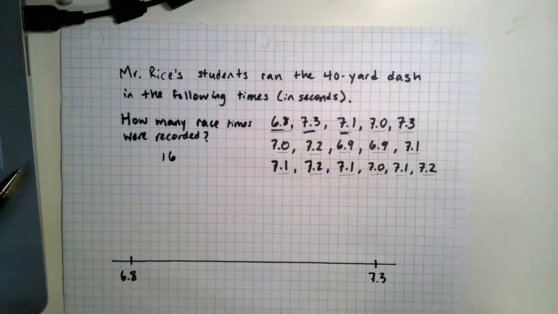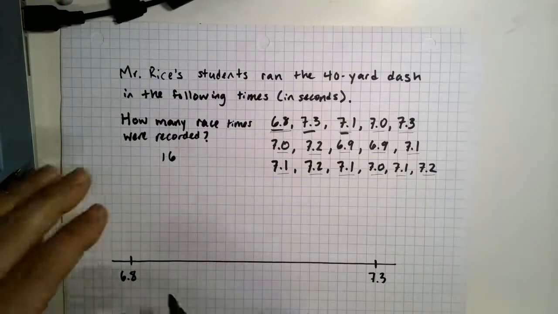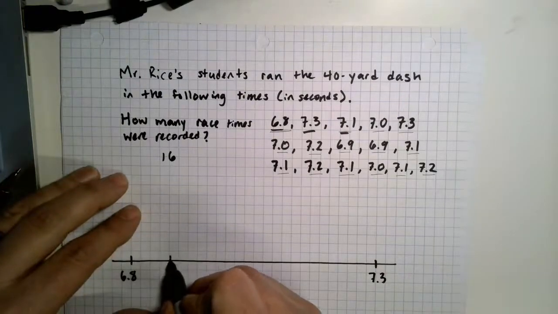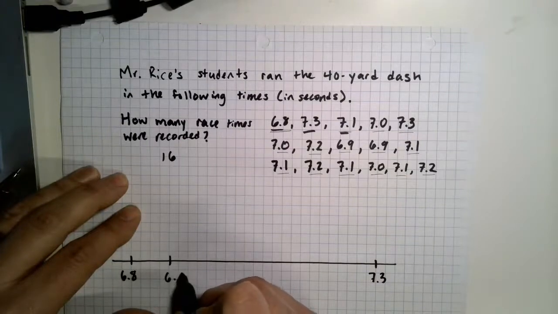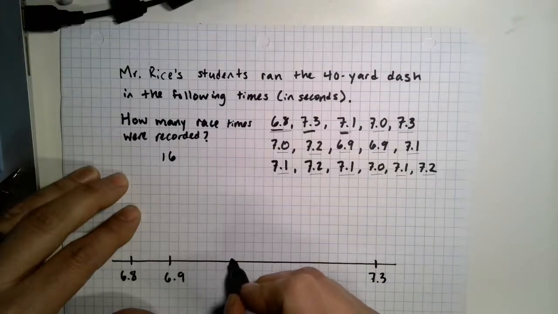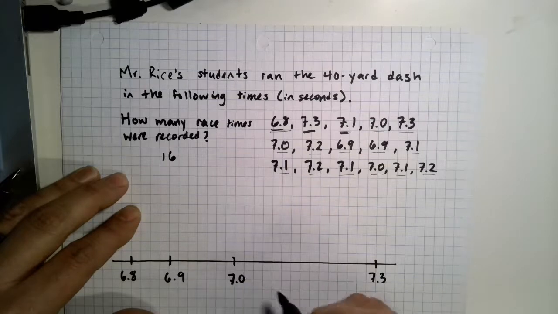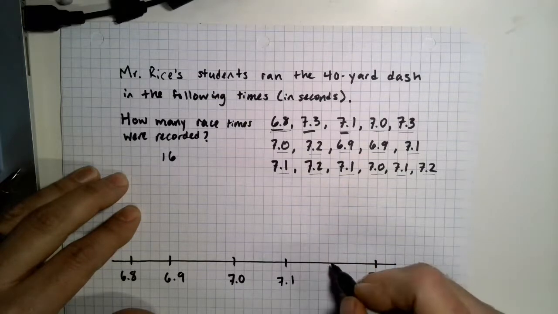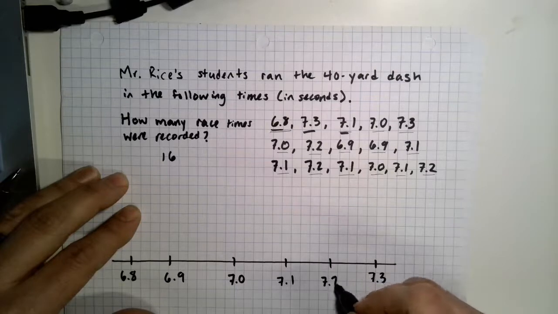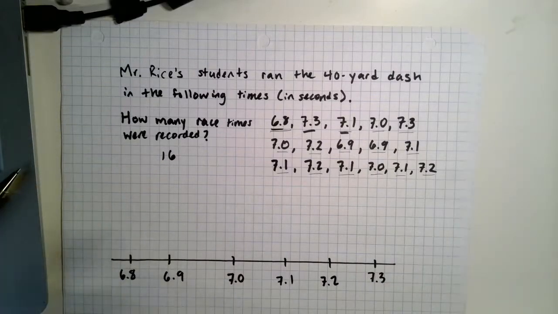And then from 6.8 to 7.3, I'm just going to go 6.8, 6.9, 7.0, 7.1, 7.2, and then 7.3. And it doesn't have to be exact spacing, it's just to represent data.